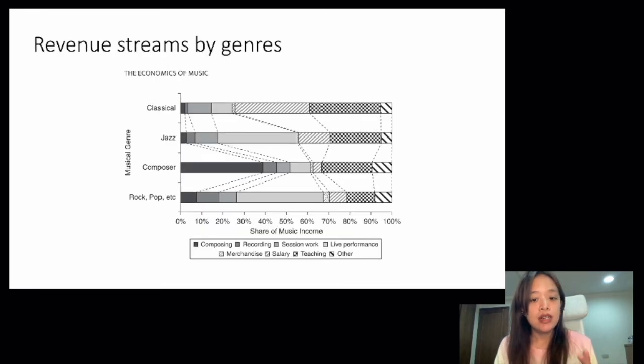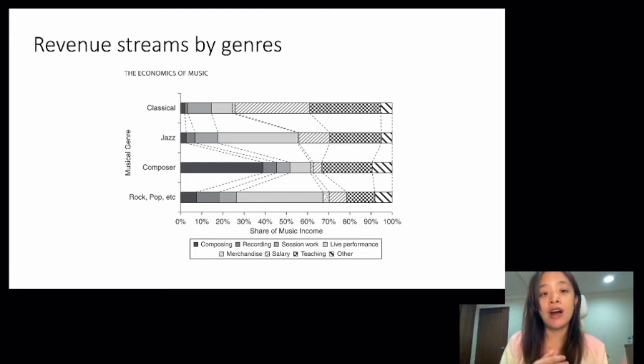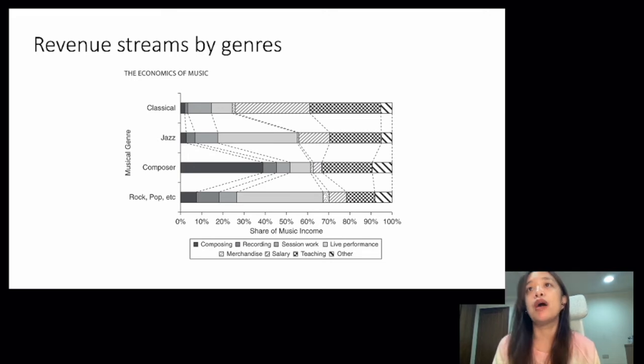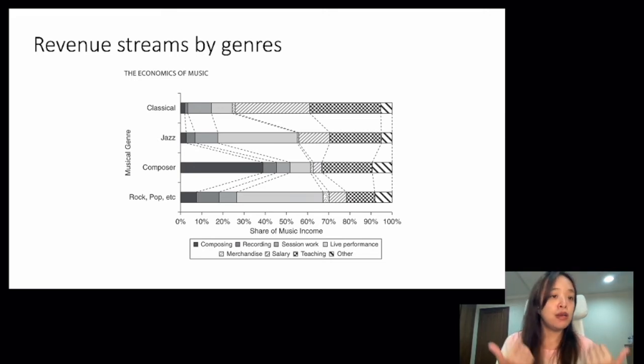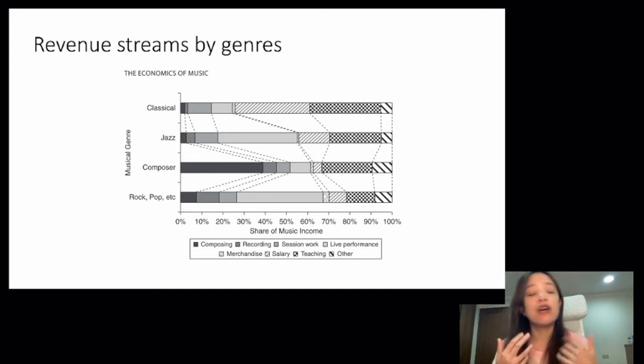Next, still taking musicians as an example, the revenue streams also differ for different genres. I think this is not just about music, but also when we look at animation, films, documentaries, design, the visual arts and so on, the way the revenue streams are composed has a lot to do with the genres they're in.